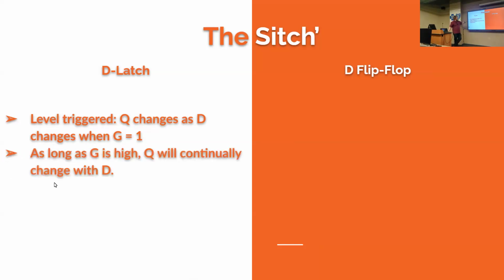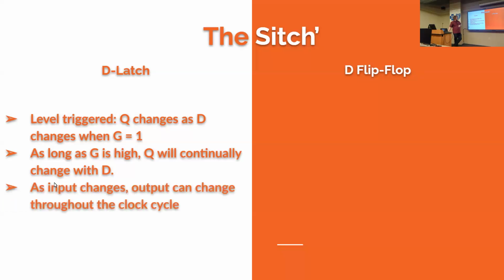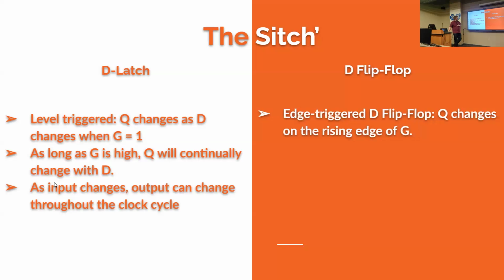As long as G stays high, Q will continually update to be whatever D is. So D can change all over the place. And as the input changes, the output will change throughout the clock cycle because our G is going to stay high for half of the clock cycle. And so it can constantly be updating.